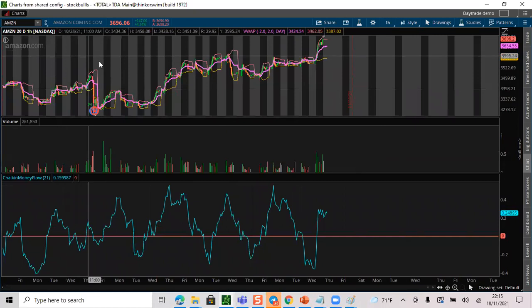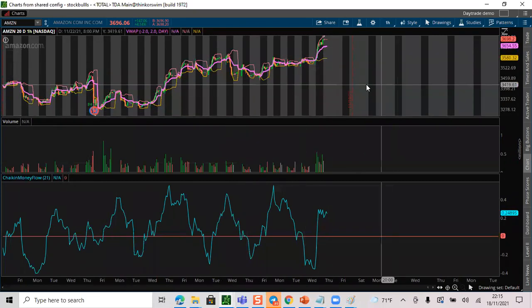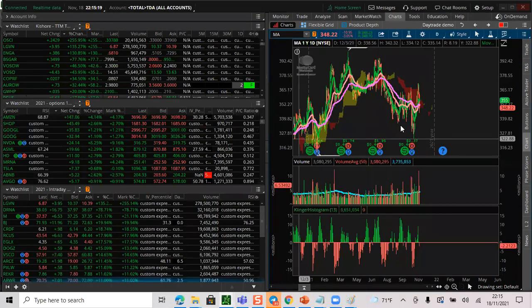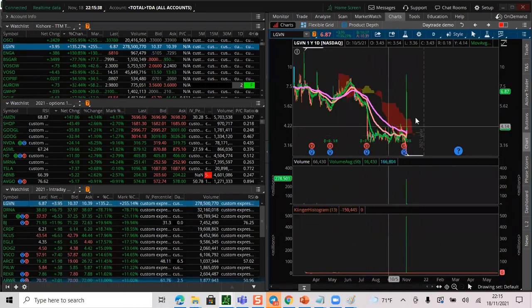Okay, so now I wanted to find out what stocks are right above the VWAP, especially for day trading. If you're interested in day trading, I want to identify what stocks have been continuously going up, right? So let's see LGVN.